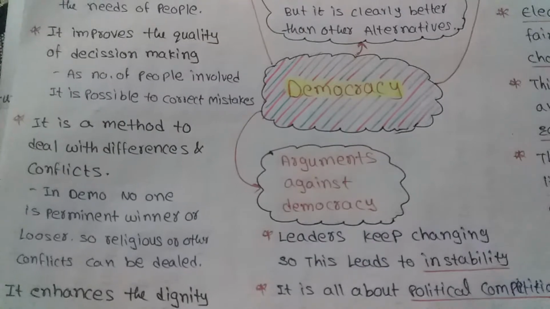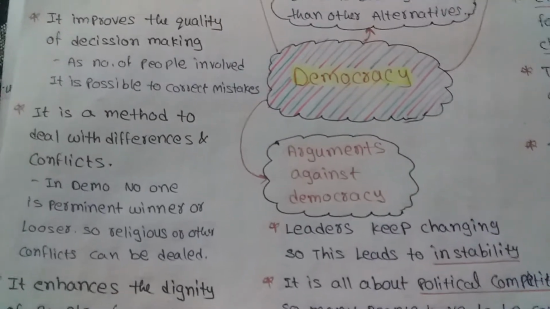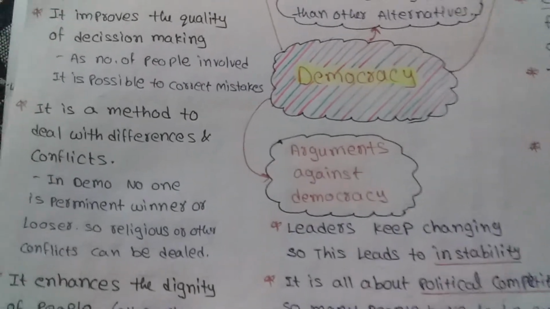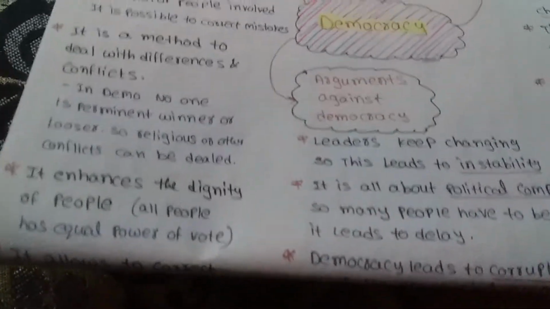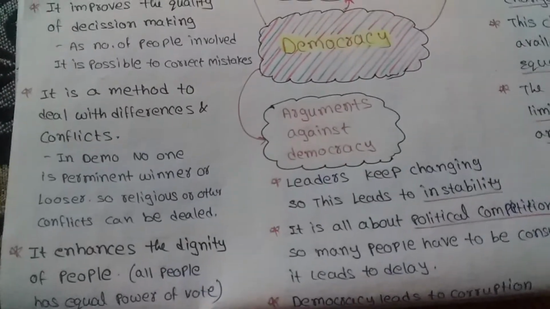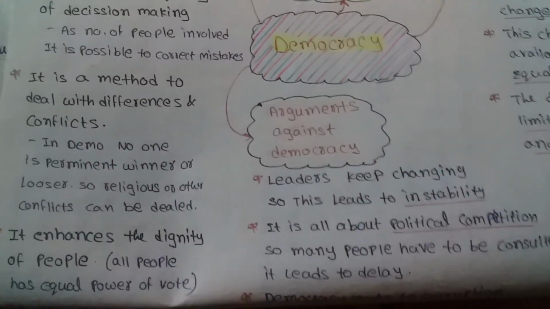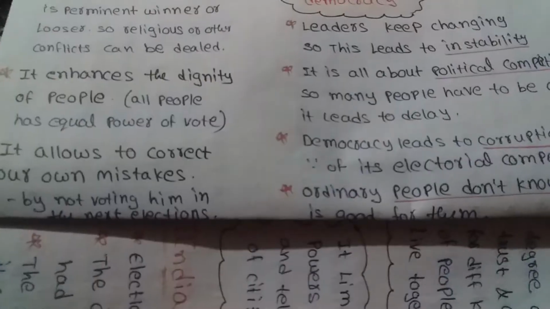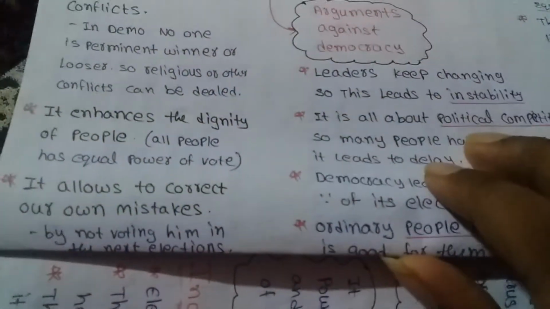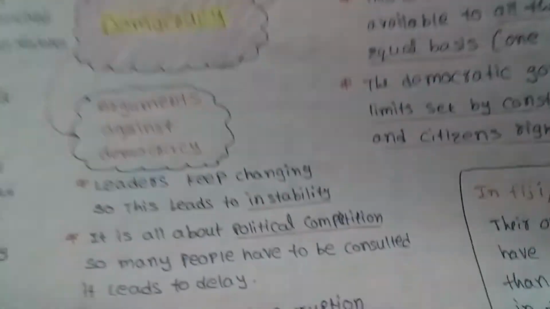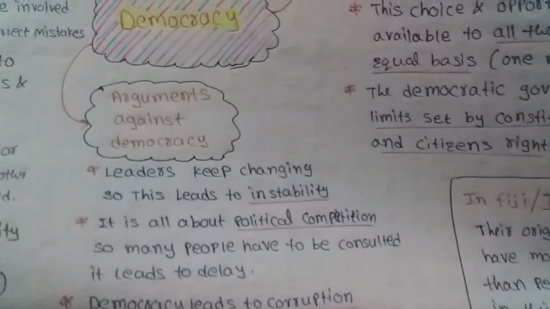In democracy, no one is a permanent winner or loser, so religious or other conflicts can be dealt with, and it enhances the dignity of the people because all people have the equal opportunity to vote. It allows us to correct our own mistakes. As I told you, for example, by not voting for him in the next elections, we can correct our mistakes, right? So let's see the arguments against democracy.